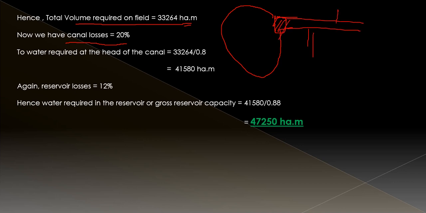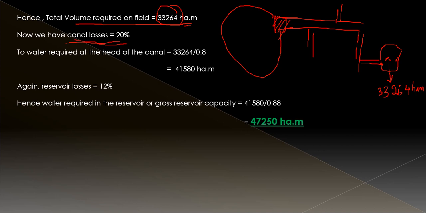Okay, there are certain branch canals, and then finally here we have our field. So what we found out here is total volume required on the field is the water that we require here, that is 33,264 hectare meter.